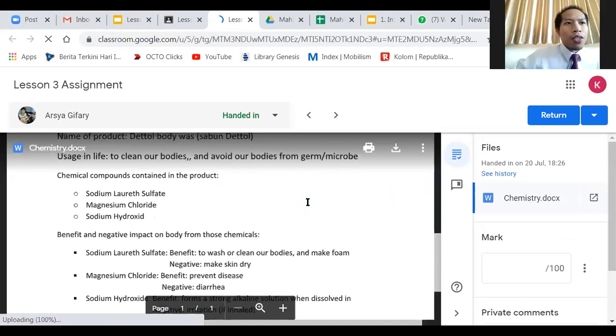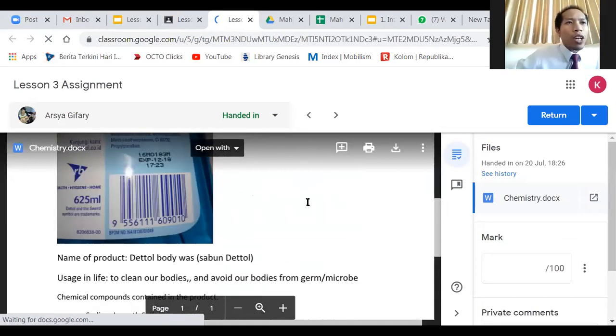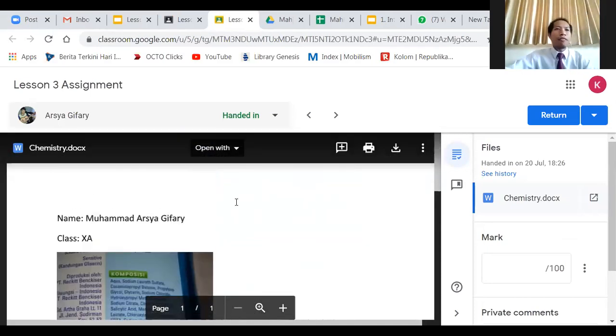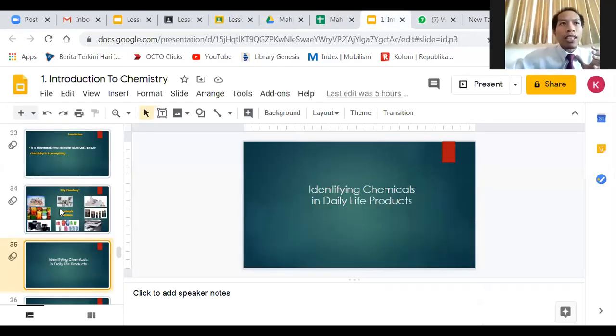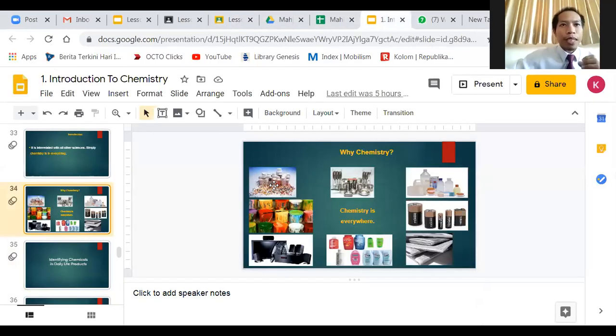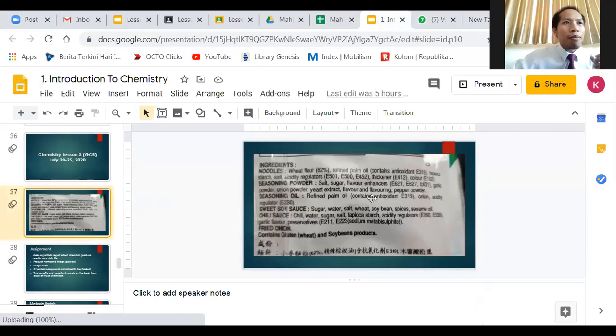Okay, so this is the one that we are going to do in the afternoon. We are going to find one package of something you see in your home. It can be from medicine or from food or anything. Here, for example, I'm taking from Indomie, noodles.